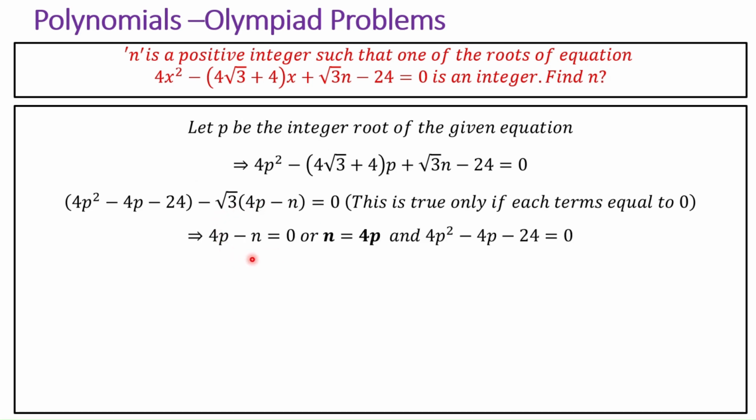Now I mentioned that this is true only if each term is equal to 0. Why? Because p is an integer root. p is an integer, so this value 4p square minus 4p minus 24, and then 4p minus n.